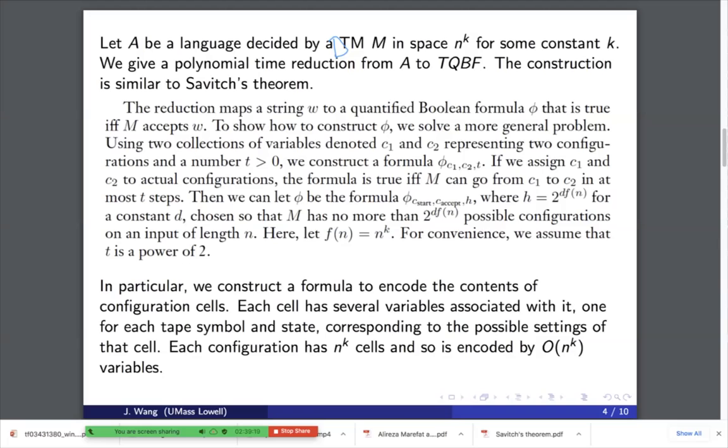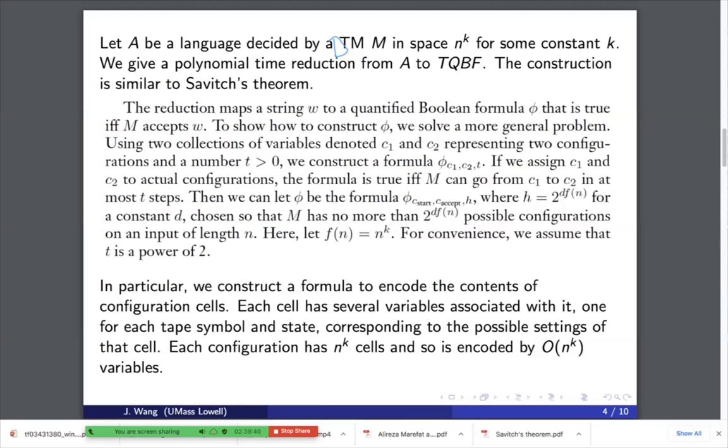So now let C1 and C2 represent two configurations, and let T represent a number of steps, such that C1 can reach C2 in T steps.